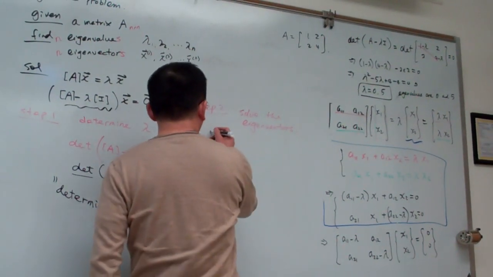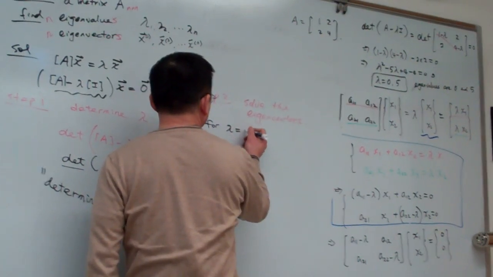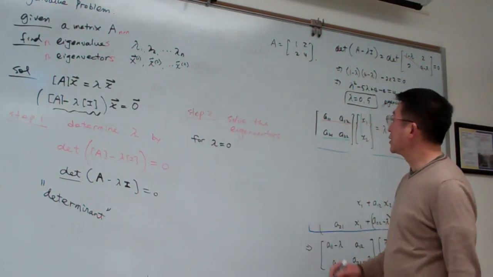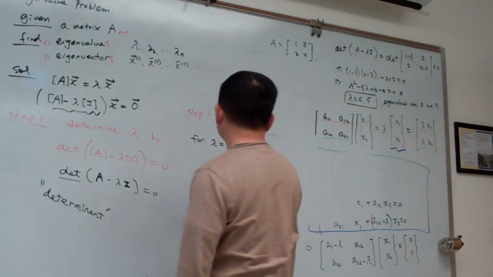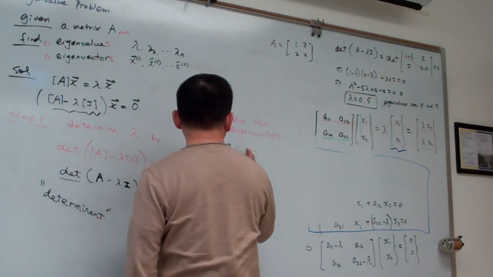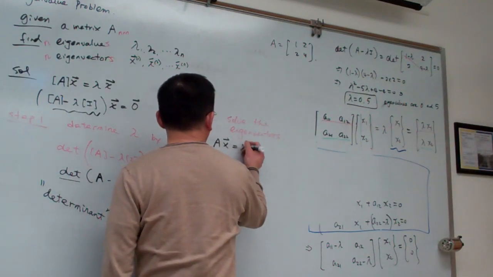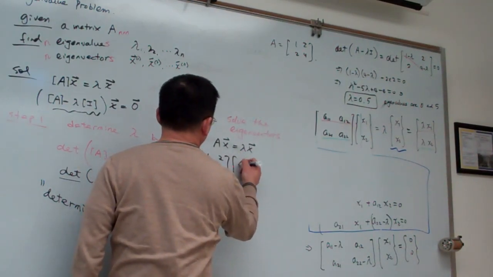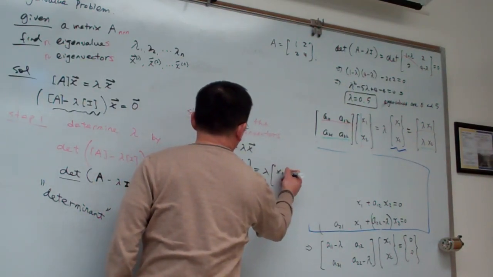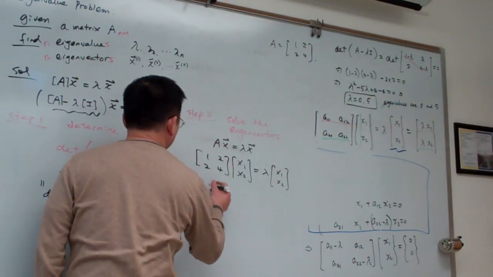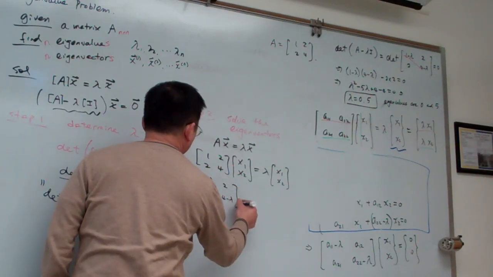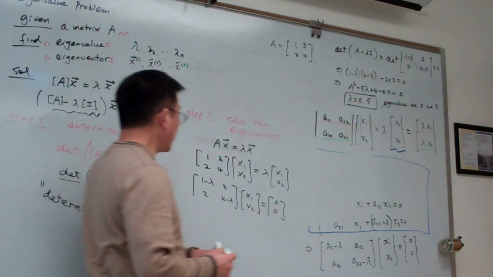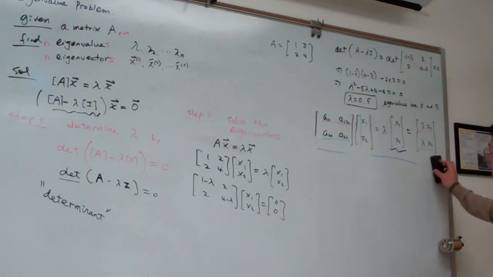Step 2 is this: for each of the eigenvalues, we have the eigenproblem statement here.